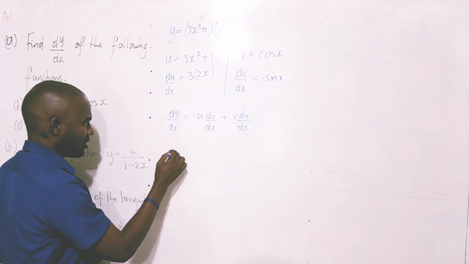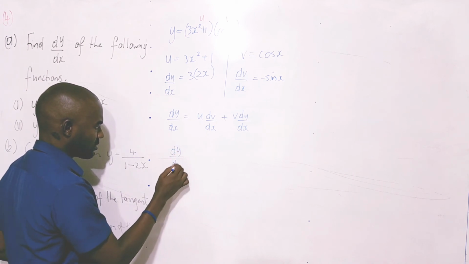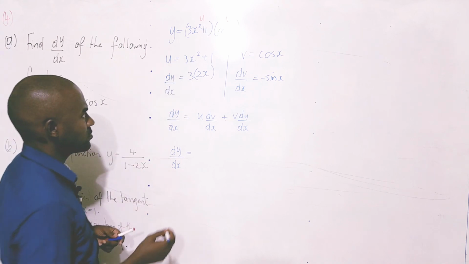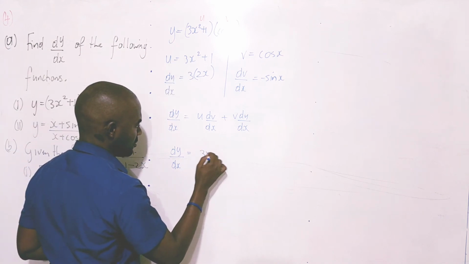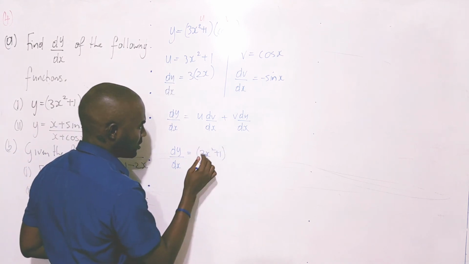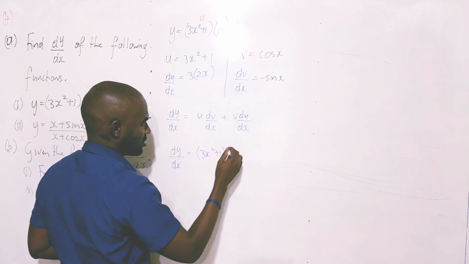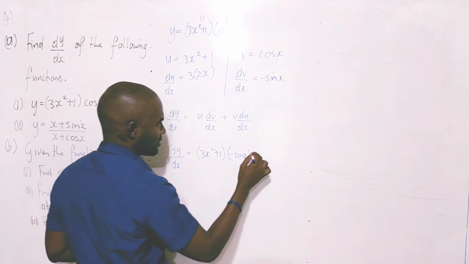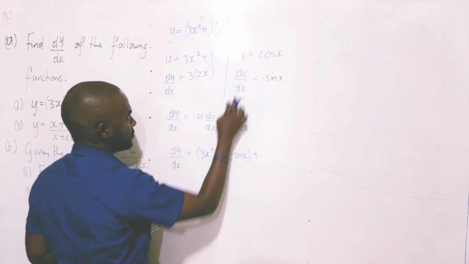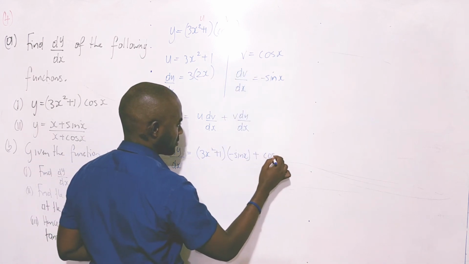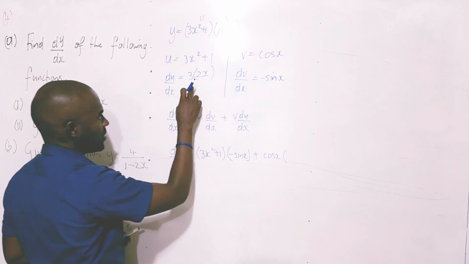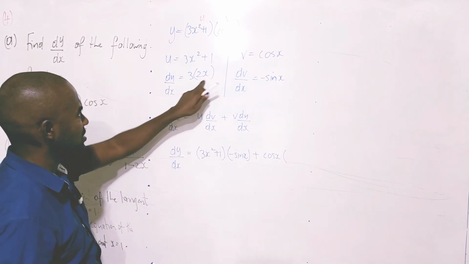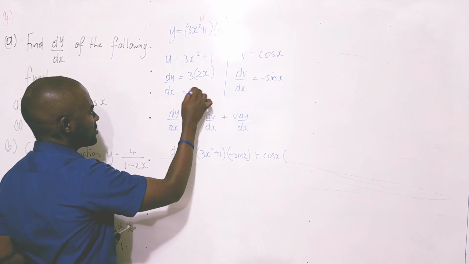So this gives us that dy by dx is equal to u, which is 3x squared plus 1, times dv by dx, which is minus sine x. And then that is plus v, which is cos x, times du by dx, which of course we can go back up here, 3 times 2x, that is equal to 6x.